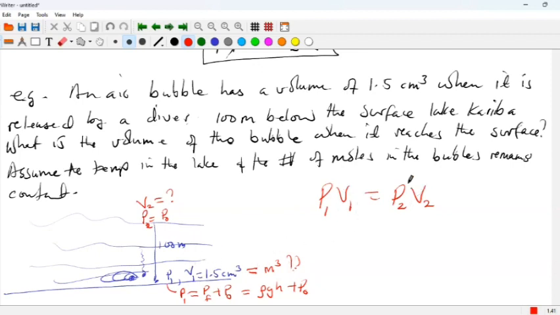Pressure 2 is atmospheric pressure, which is 1.013 times 10 to the power 5 pascals. The only unknown here is volume 2. We can make volume 2 the subject of the formula: pressure 1 volume 1 divided by pressure 2. So you can complete this activity.